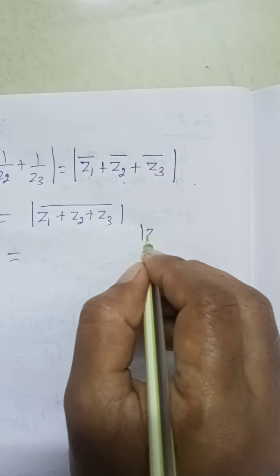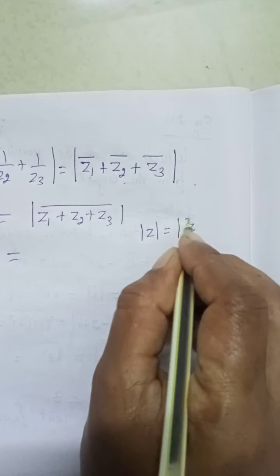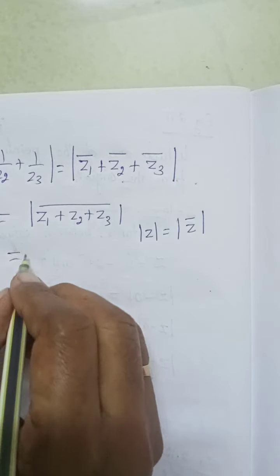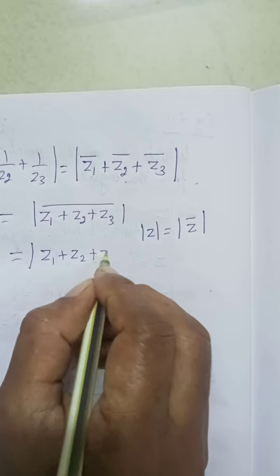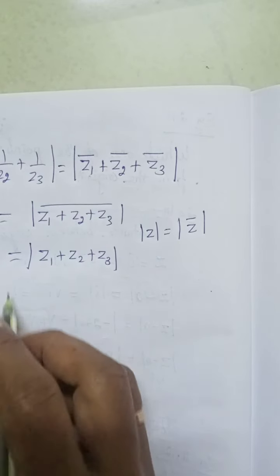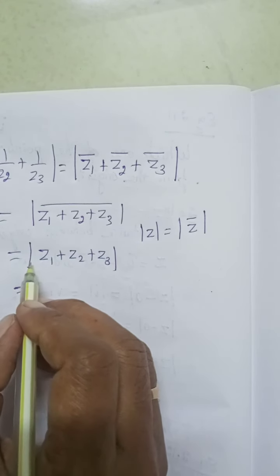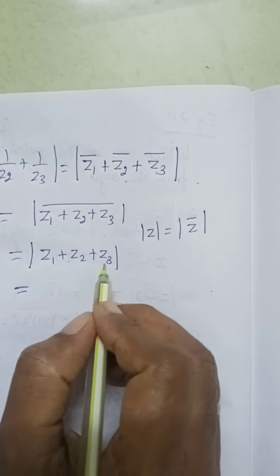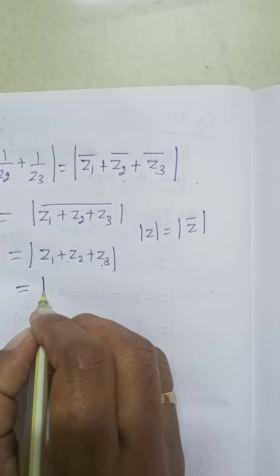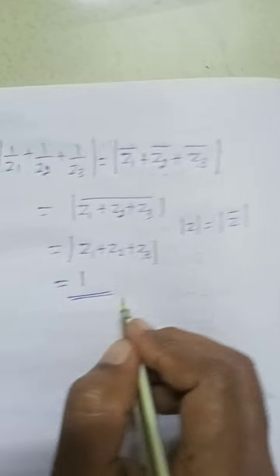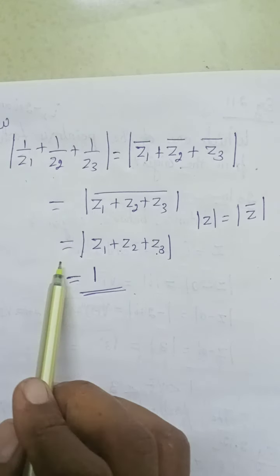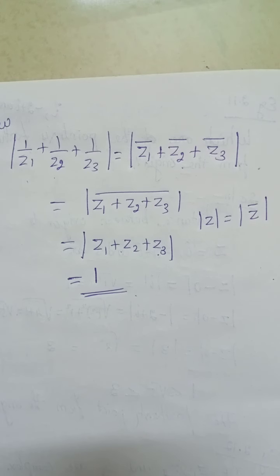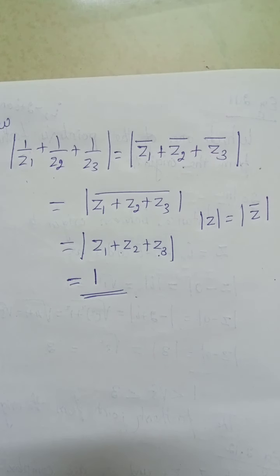We know that modulus Z is equal to modulus Z bar. So I can write it as modulus Z1 plus Z2 plus Z3. In the question they gave modulus Z1 plus Z2 plus Z3 is equal to 1. Therefore, the value of modulus 1 by Z1 plus 1 by Z2 plus 1 by Z3 is equal to 1. Is that clear? Did you all understand this?